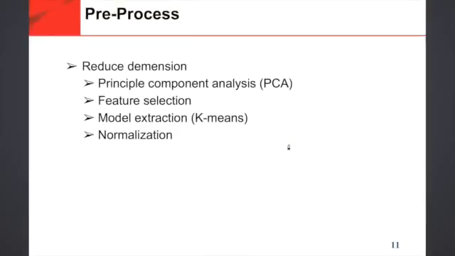So after we got the data, we must do some pre-processing because the data has 41 dimensions. It's so high and it will significantly slow down the processing.